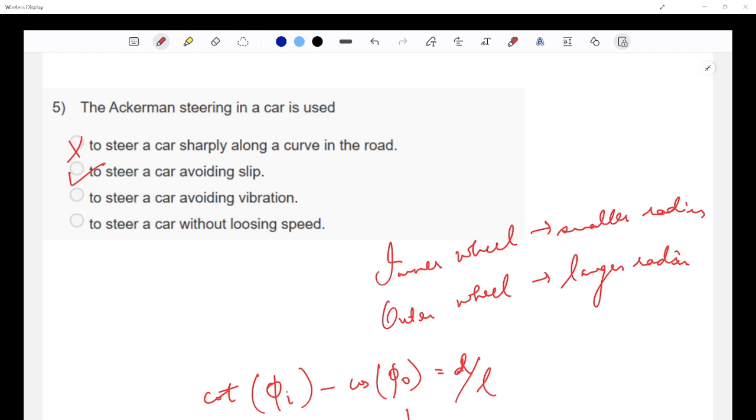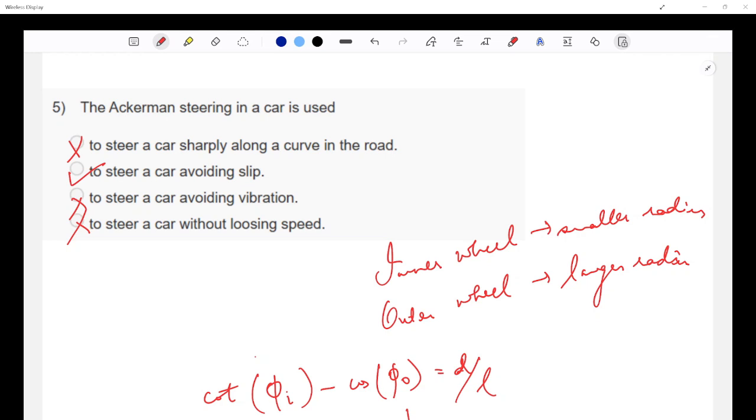This is also false. Vibration is related to suspension and the road conditions, not to Ackermann steering. And the fourth option here is to steer a car without losing speed. This is also false. Why? Because speed loss depends on friction or engine power. Ackermann does not control speed.